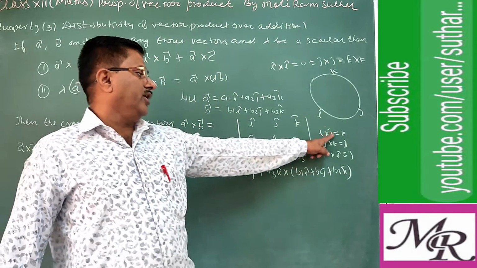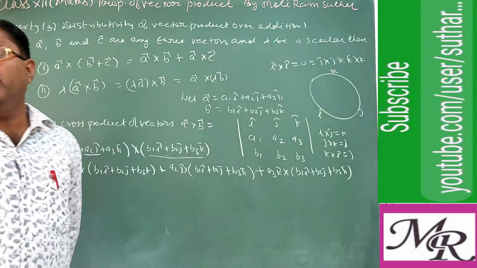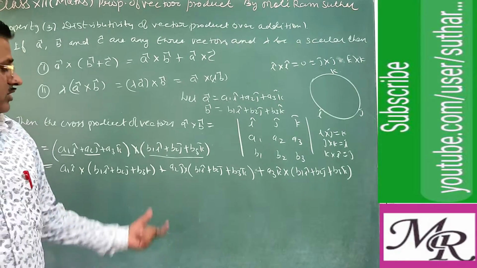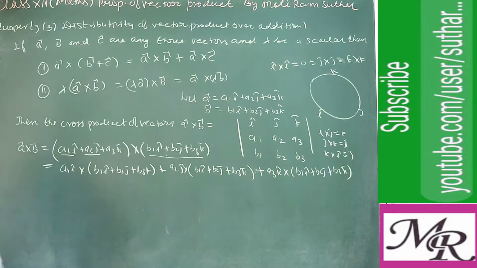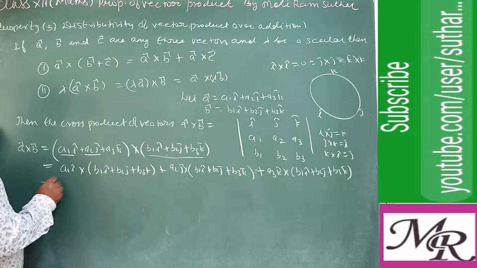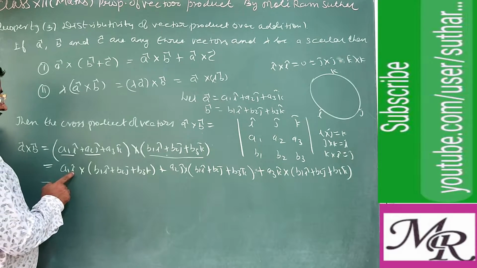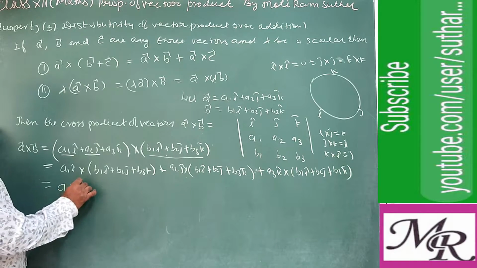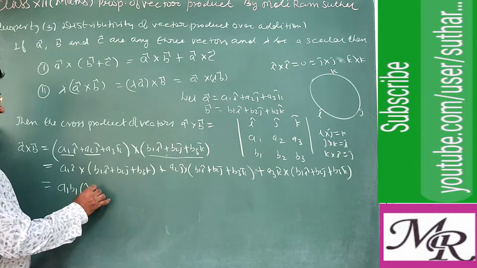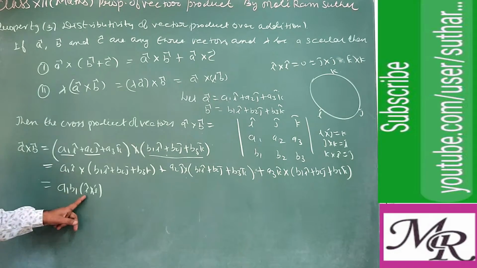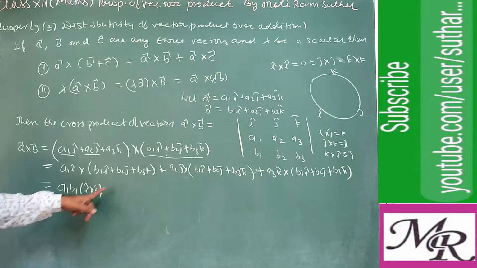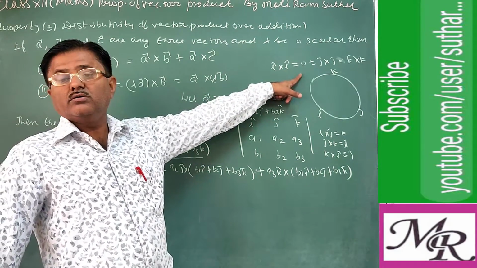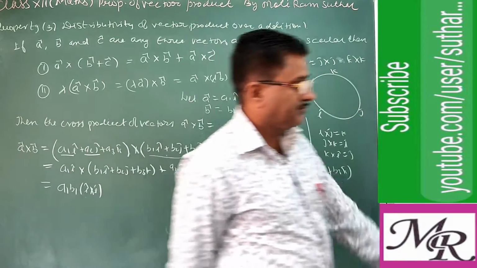And if the reverse order is there, then the sign will be negative. That we already saw, so we have to use all that here. Clear? So see here, A1 i cross B1 i means we get a scalar with a scalar and a vector with a vector. So i cross i, again, will give you 0. Clear?